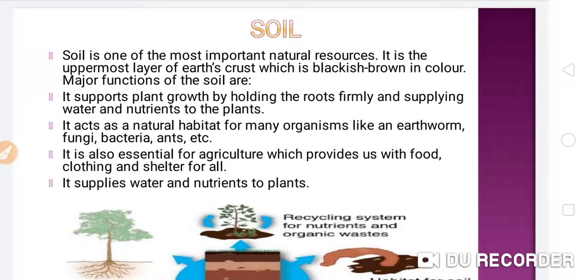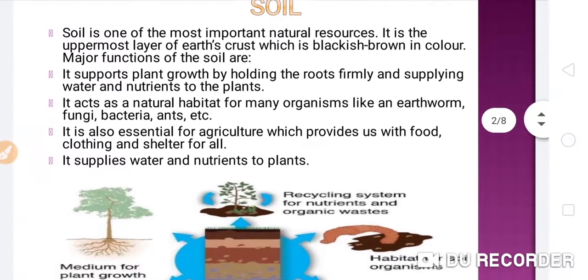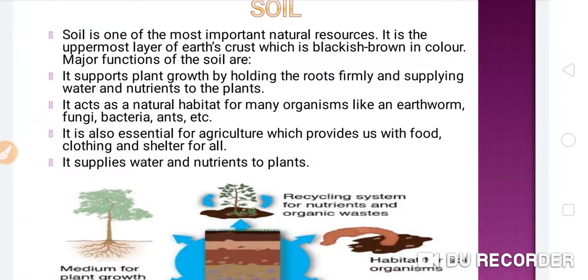A number of nutrients are part of the soil, and these are transferred to the plant through the root. Now, it acts as a natural habitat for many organisms like earthworms, fungi, bacteria, ants, etc. These all are organisms which have their habitat inside the soil.